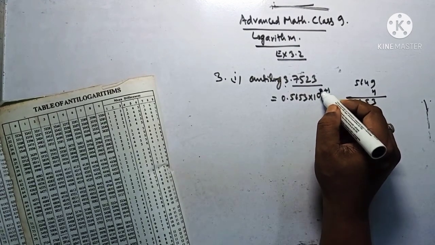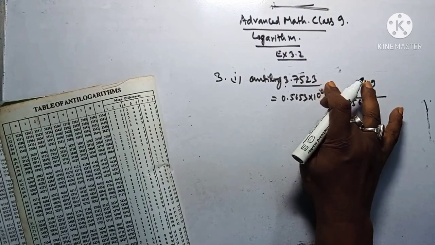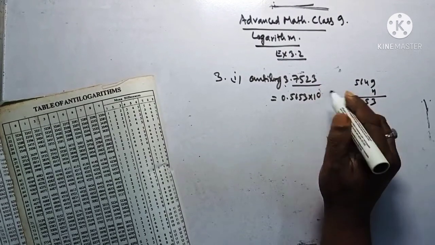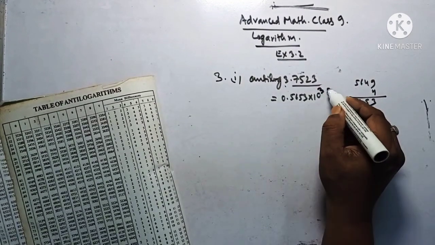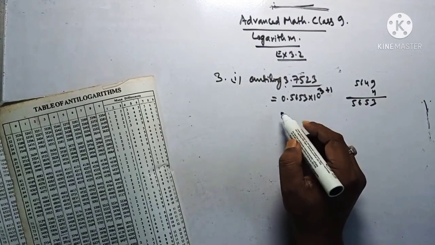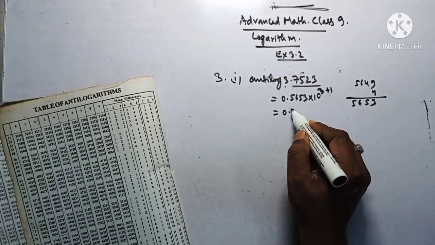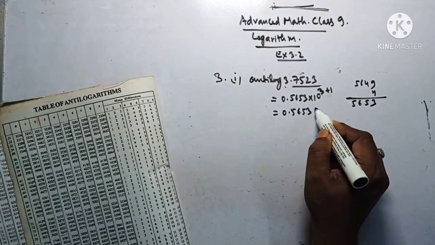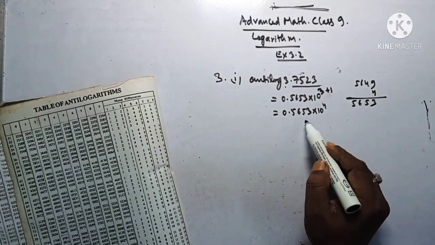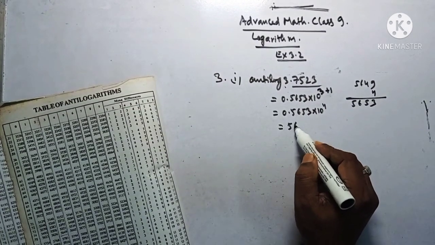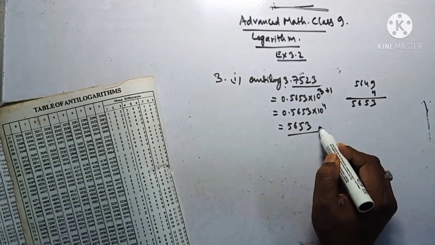So your characteristic 3, plus 1 is always added, so this becomes 0.5653 into 10 to the power of 4. So this will be 5653. This is your answer.